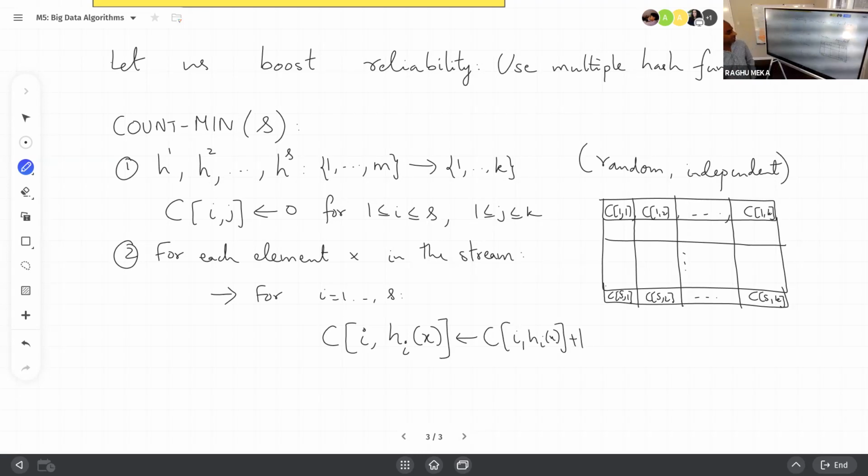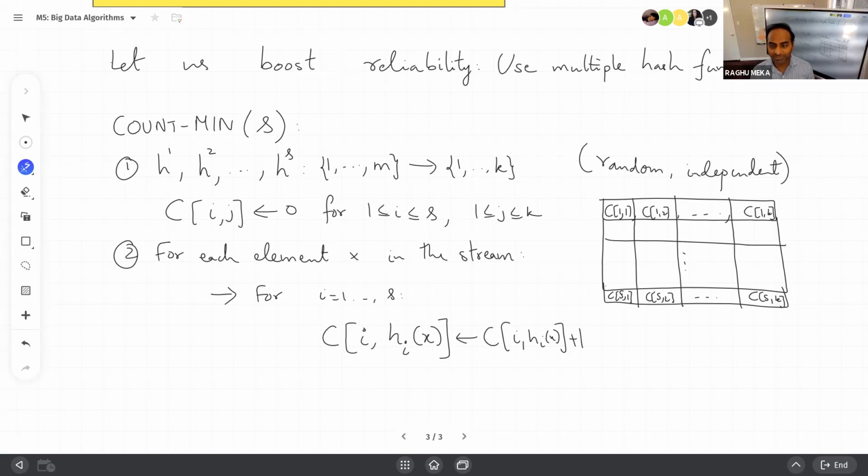Right? So basically if x, for example, comes up and it's hashed, let's say, to this element under the first hash function, this element here under the second hash function, and to here, we increase all those counters. So every element will lead us to increase k entries in this table, and they're kind of chosen randomly everywhere.